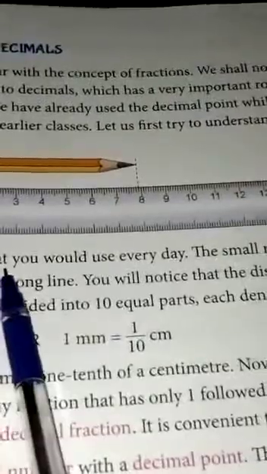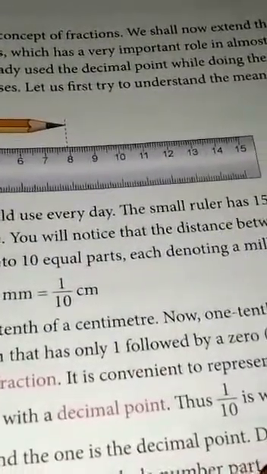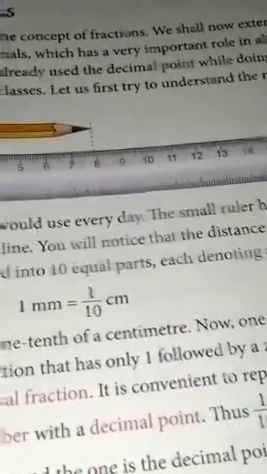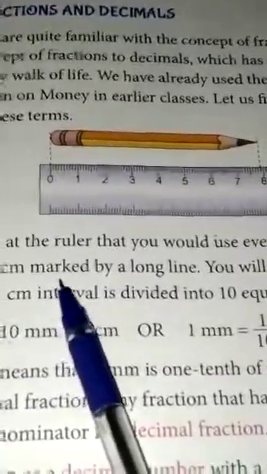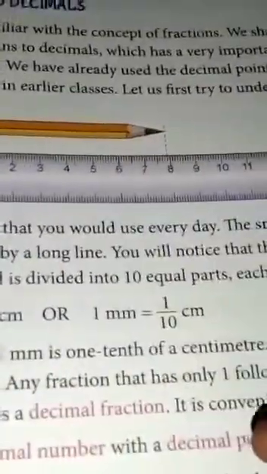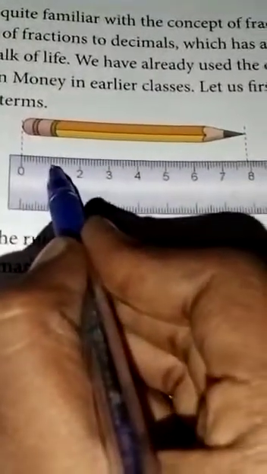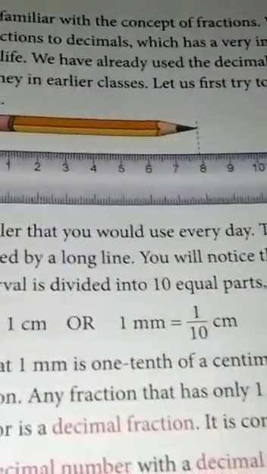Look at the ruler that you use every day. The small ruler has 15 centimeters in it. Each centimeter is marked by a long line.